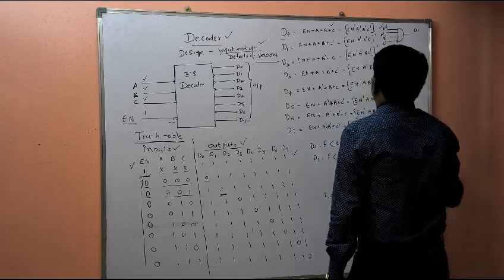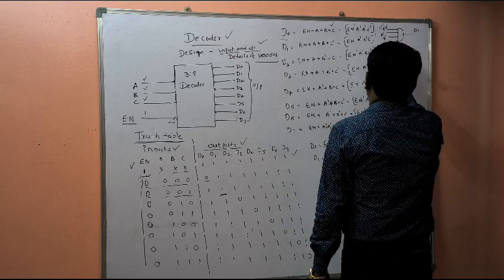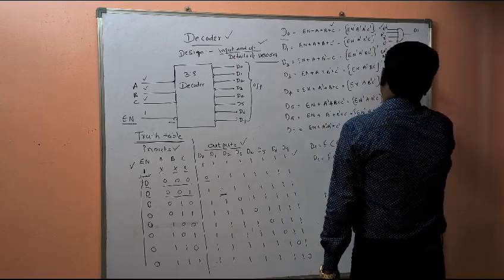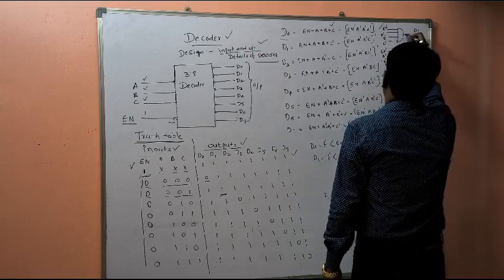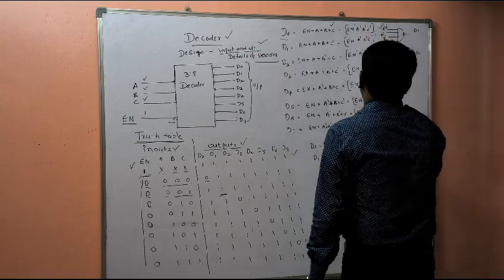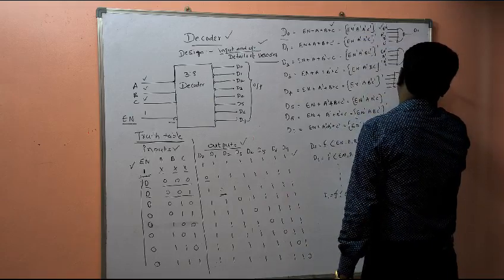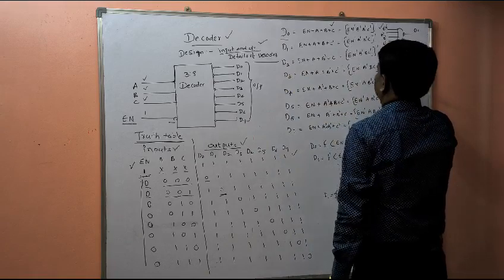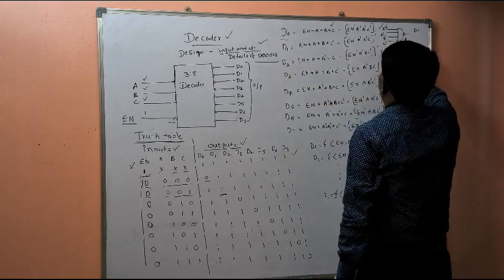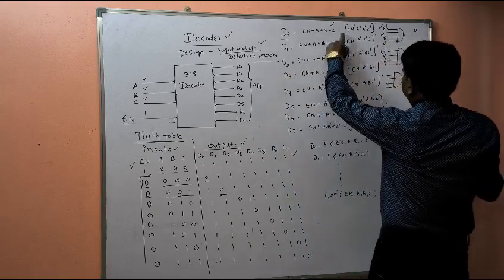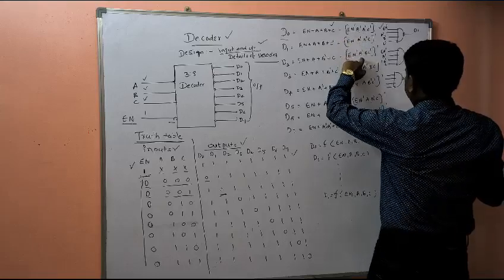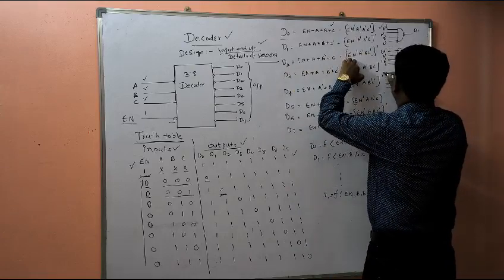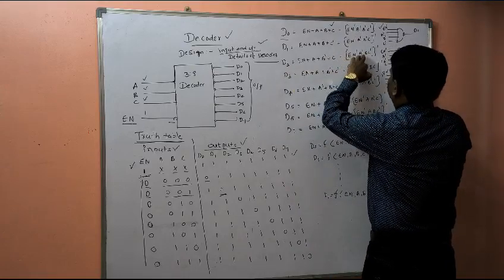Enable bar, A bar, B bar, C. What about the next? NAND gate, NAND gate. It is the NAND operation. Similarly for D2: enable bar, A bar. We look at this expression because when I implement this, these are AND gates.